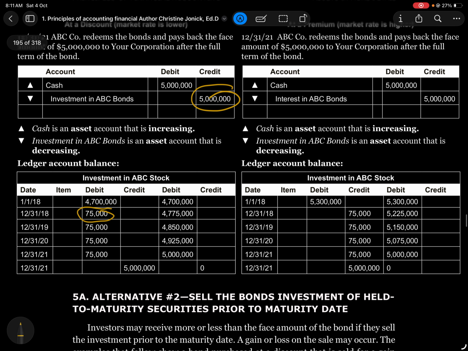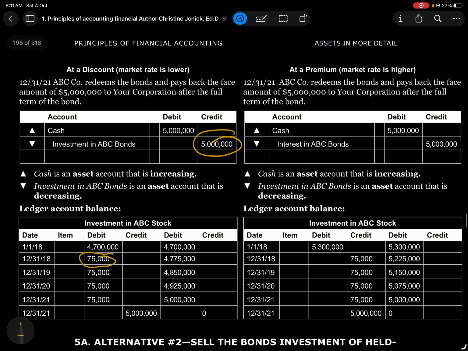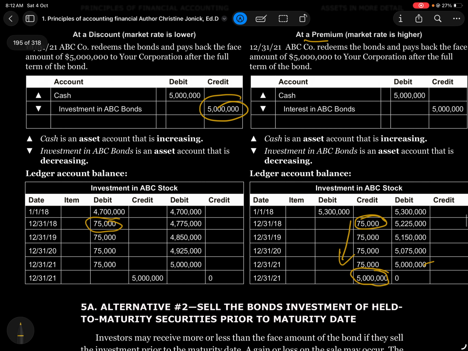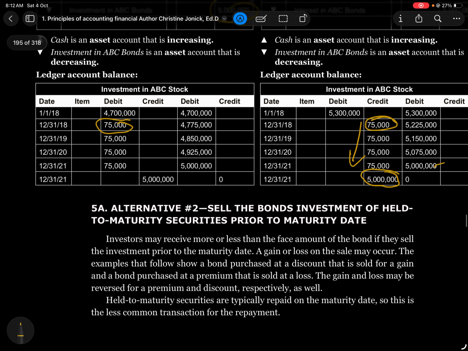Or in case of premium, what happens is basically we will be reducing the investment amount by 75,000, right? And every year it's reducing by the inflows, and then at year end we get the capital payment back, right? So we are just accurately defining it over here, that's it.